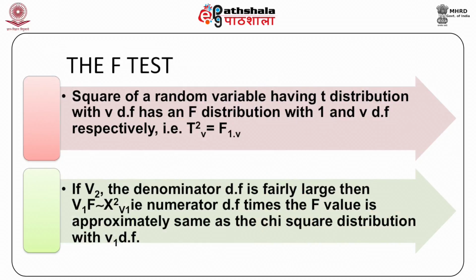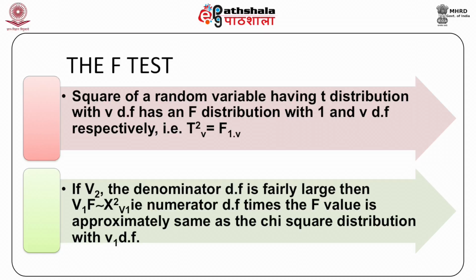The square of the random variable having t distribution with v degrees of freedom has an F distribution with 1 and v degrees of freedom respectively. t squared v is equal to F(1, v).